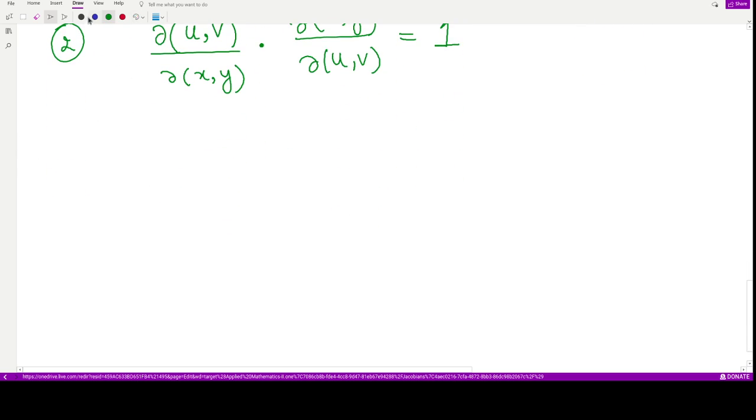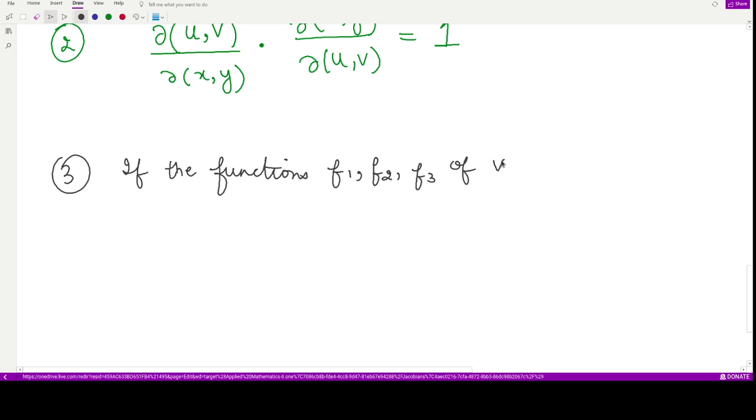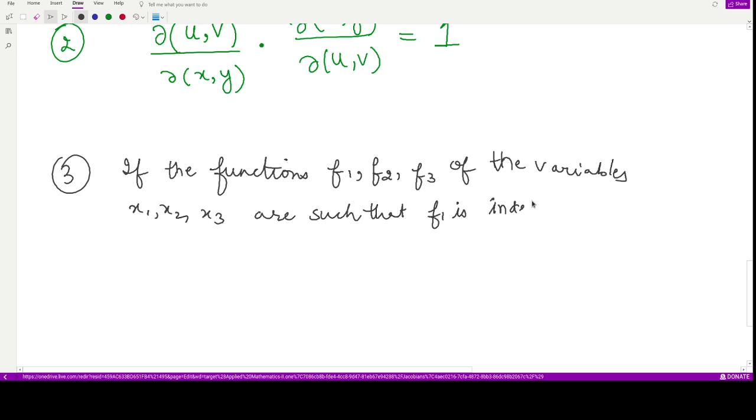And the third property is that if the functions f1, f2, f3 of the variables x1, x2, x3 are such that f1 is independent of x2, x3, that means f1 is a function of only x1, right?